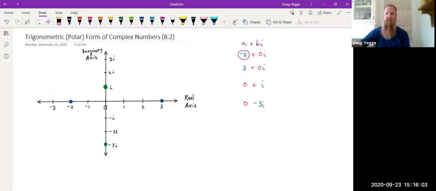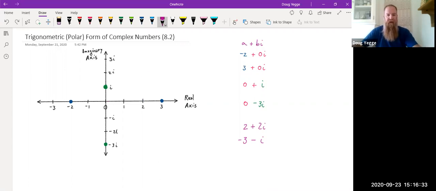Which is why when we actually plot new points here, let's say we wanted to plot the point 2 plus 2i, or -3 minus i. If I wanted to plot those, then that would mean that I should go 2 units in the real direction and 2 units in the imaginary direction.